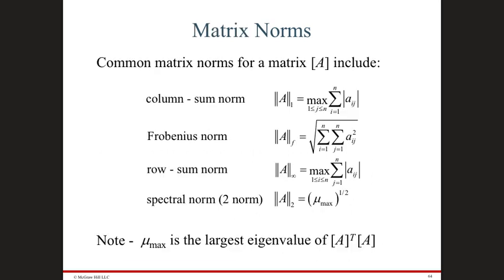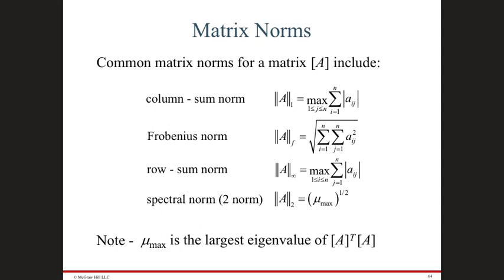Similarly, for matrices, not only vectors, there are norms. They are a little bit more complicated, but again, they are just a measure of the size of the matrix. The first norm is the sum over the columns, right?